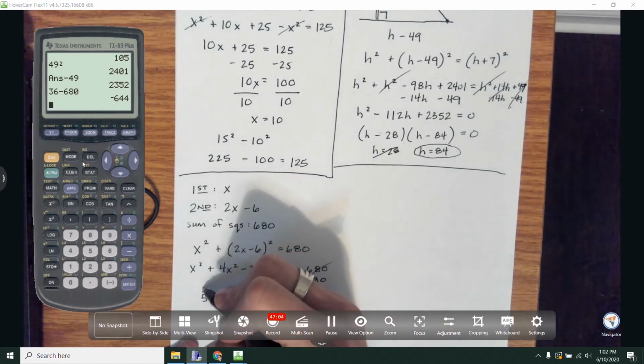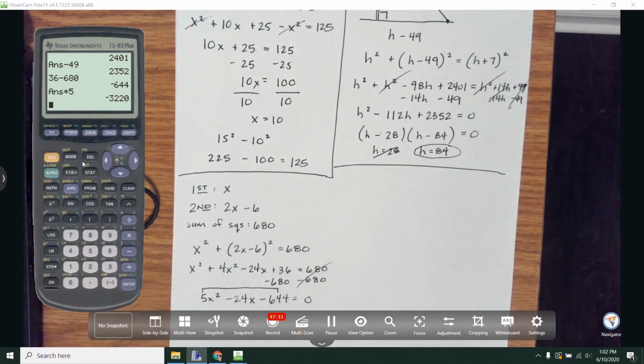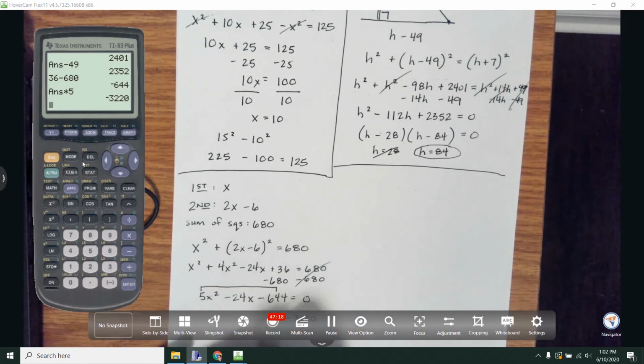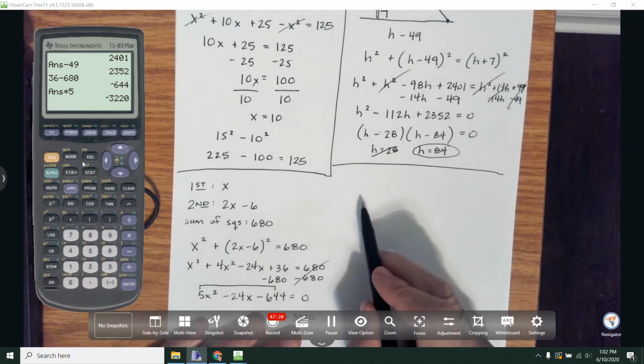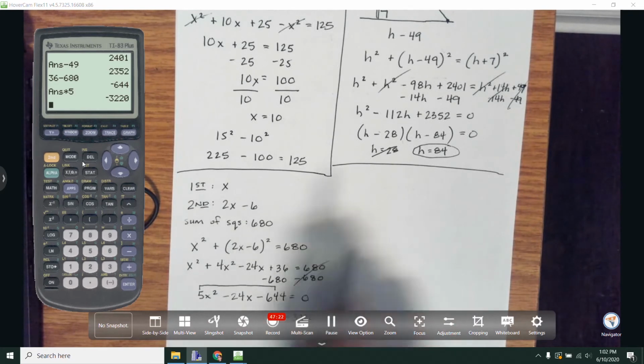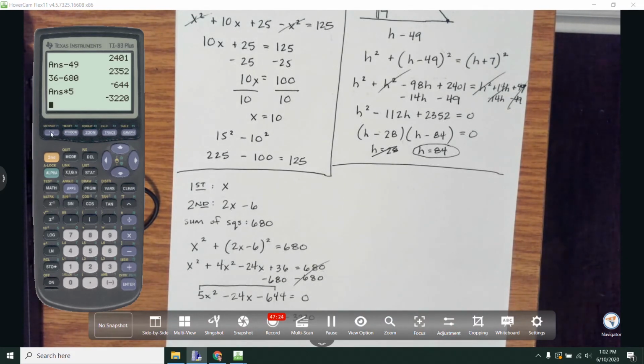I'm going to take this one and multiply it times this one. That's going to give me a negative 3,220. I'm going to write this up here as far as what we get. So let's use y equals and see what multiplies to give us negative 3,220, but has a difference of negative 24 in it.